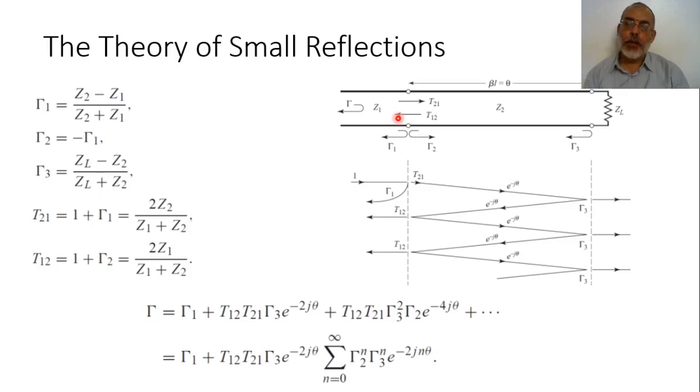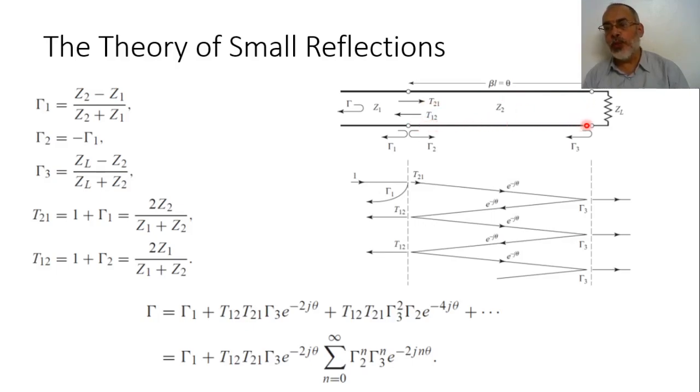Okay? Alright. So this is the first reflection. This is the transmitted signal, propagated, reflected, and transmitted once again. Now, we have some part that has been already reflected inside Z2. This part would be T21 multiplied by gamma 3 multiplied by gamma 2.